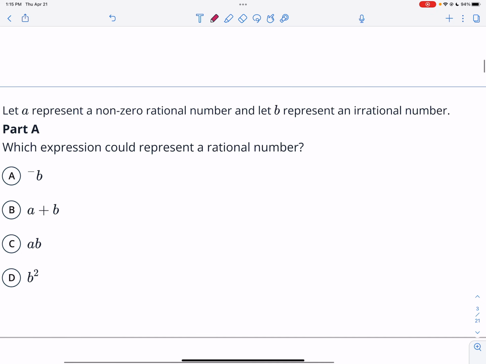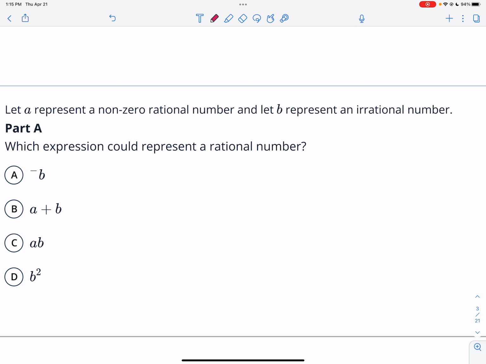So we have A is a rational number. A is rational, which means that it can be expressed as a ratio instead of the number itself. So you have some decimal form of something, or something like pi, if it were irrational.